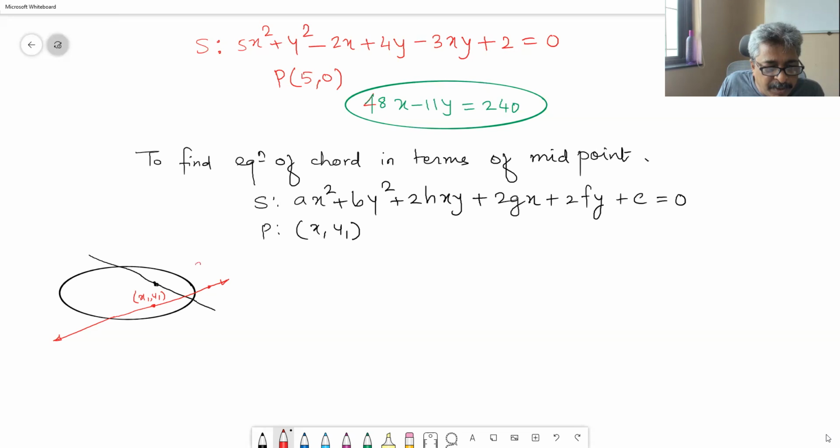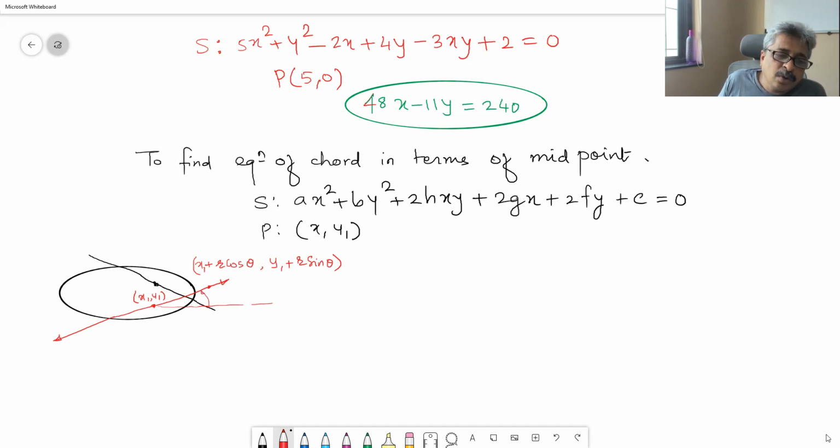Any point here will be (x1 plus r cos theta, y1 plus r sin theta). Any point on that line. What is r? r is the distance from (x1, y1). And what is theta? It is the inclination with the positive x-axis.